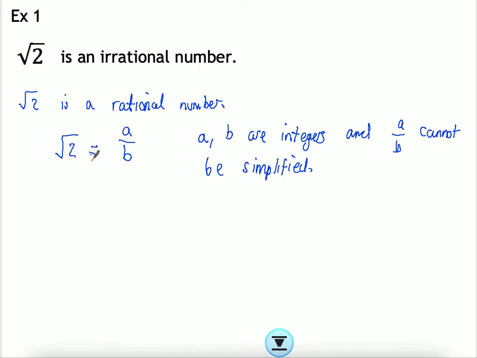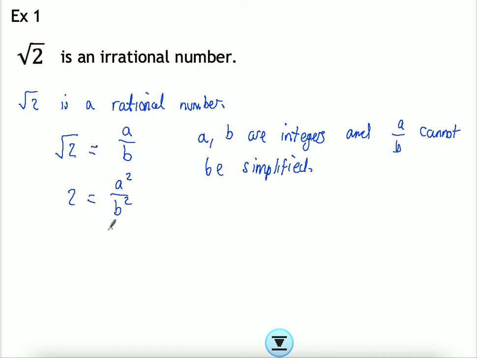So if I then start working on this to try and get myself to a point where it's going to show that it can't be true, it's going to take a bit of practice. But I see a square root here, so I'm going to square both sides. Hopefully we're okay with that so far.